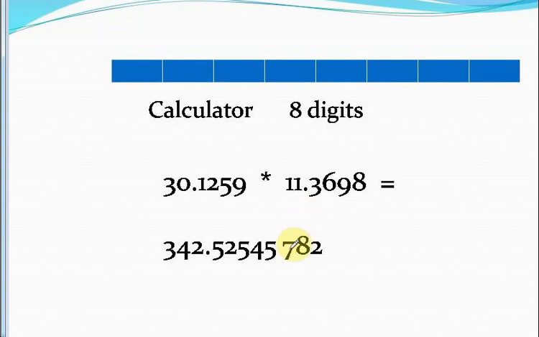Simple procedure is by removing least significant bits. Here 1, 2, 3, 4, 5, 6, 7, 8. Now these 8 digits we can display in this calculator. That calculator can display 8 digits. This procedure is called as truncation.